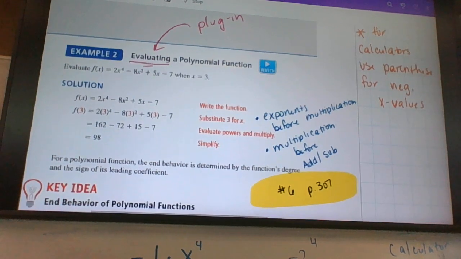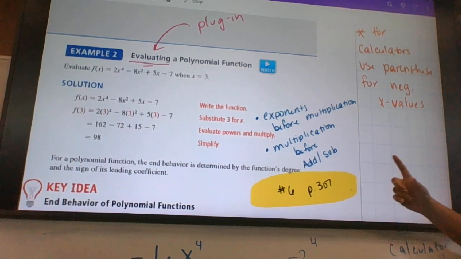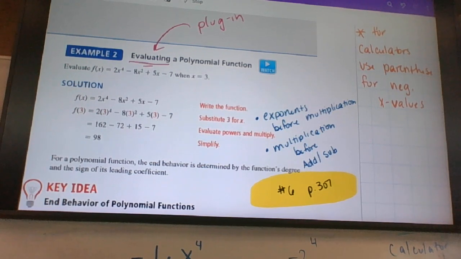So keep that in mind and go to page 307 and try to plug in correctly. I can't wait to hear all the different answers we get. You're plugging in on page 307, number 6.